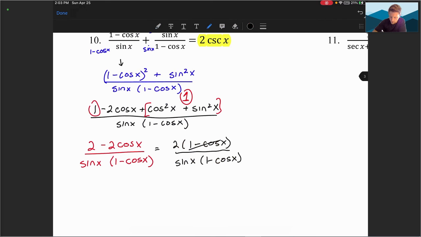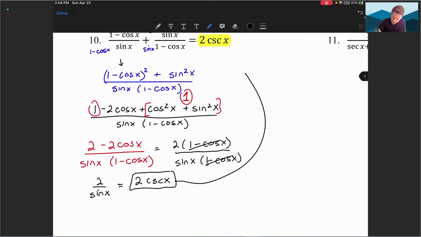So these 1 minus cosines cancel out, and I'm left with 2 over sine of x, which, if we take the reciprocal there, is the equivalent to 2 cosecant x. And that is the expression we wanted to end with. Looking up there, 2 cosecant of x, and we have completed the verification of this expression.